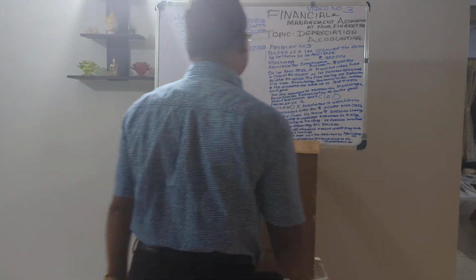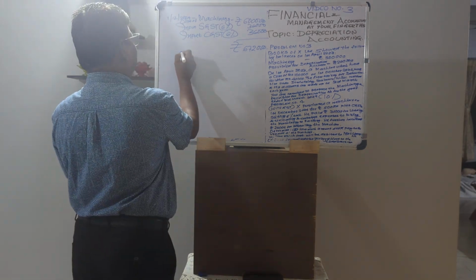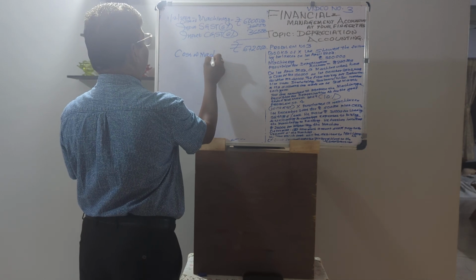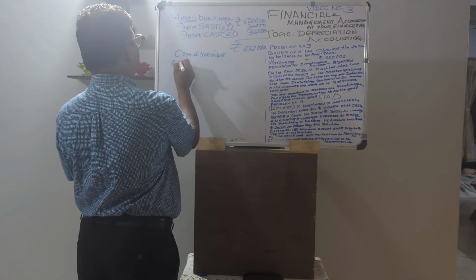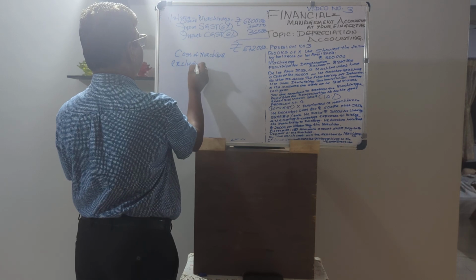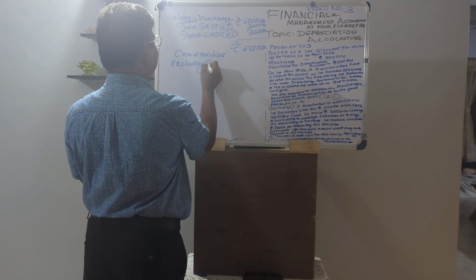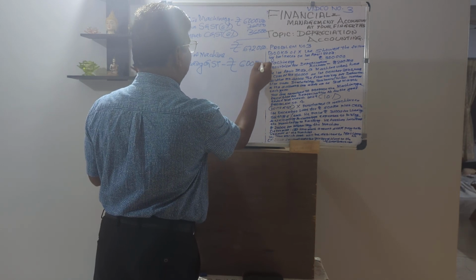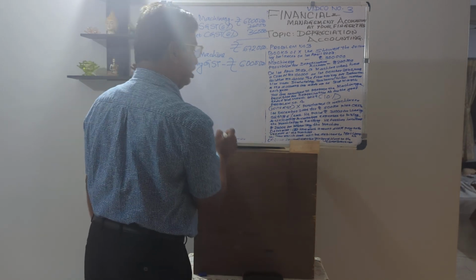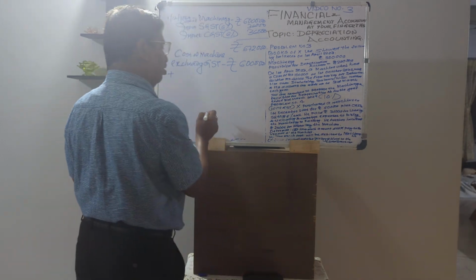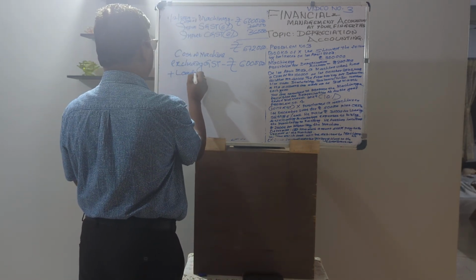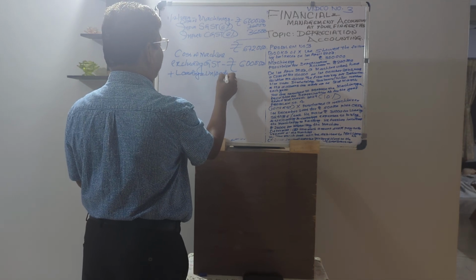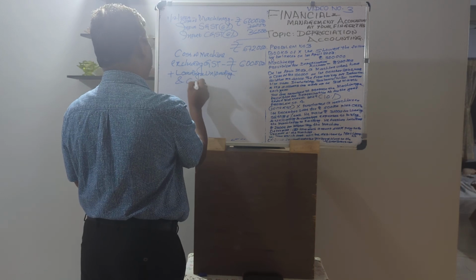Here the cost of machine excluding GST is 6 lakhs. Another expenditure on bringing the machinery is loading, unloading and carriage expenses.